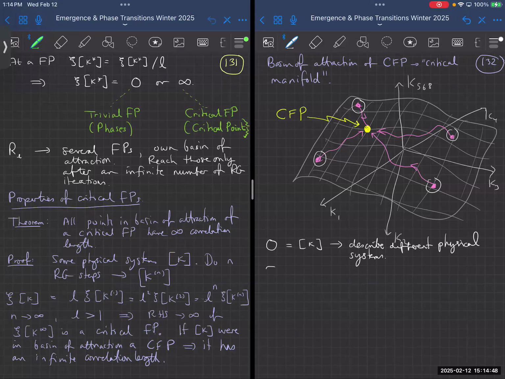So as an example, let's call this 1, 2, 3, 4. You might say system 1, those values are the coupling constants that correspond to, let's say, the nearest neighbor Ising model.